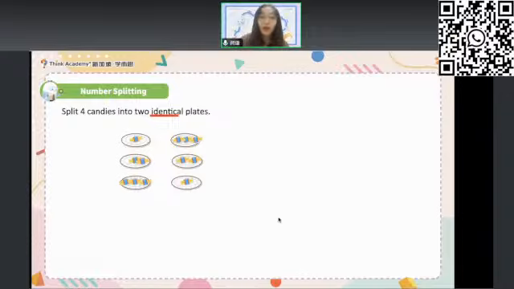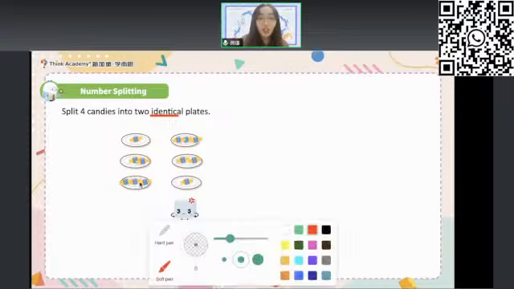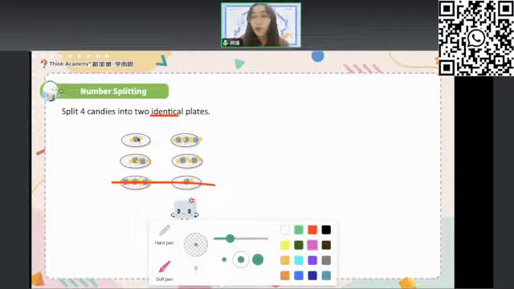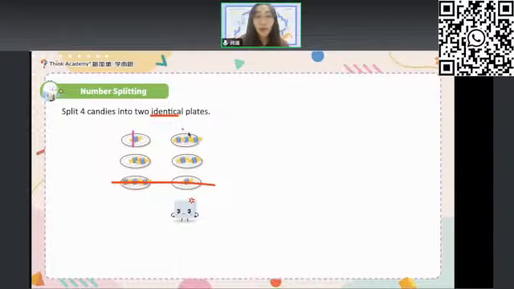So in this way, actually, we need to cancel the last one. To make it more clear for you to memorize, look here. How do we split 4 into 2 parts? We write it as 1, 3, 2, 2, and then 3, 1. As you can see, the latter number is smaller than the previous one.